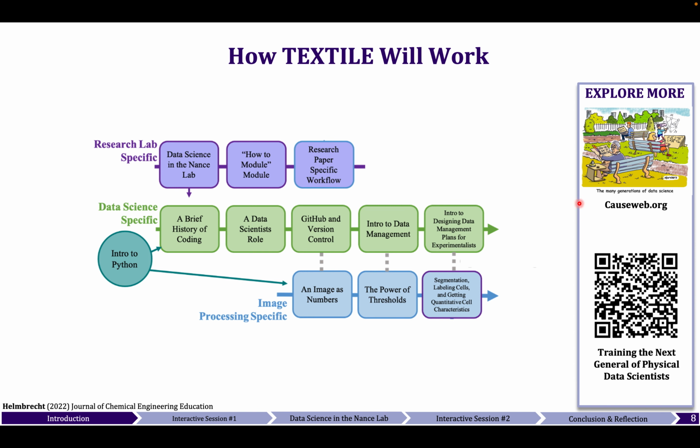So how this works to me is that we have some lessons that are research lab specific. So this is what we're going through right now, which is data science in the Nance lab. And then we have some data science specific lessons where we're going to go straight into a data scientist role and kind of skip this brief history of coding due to some time constraints and things that we chose to add on at the end. And then we'll also get into image processing specific work.